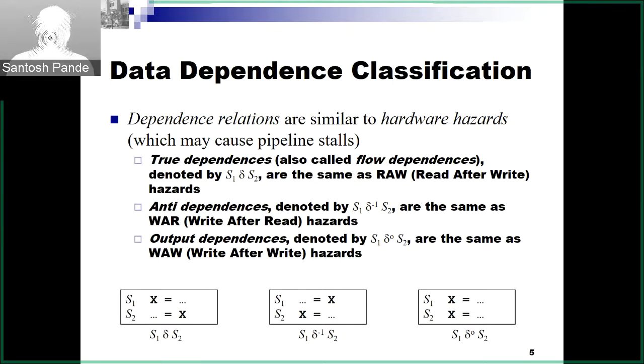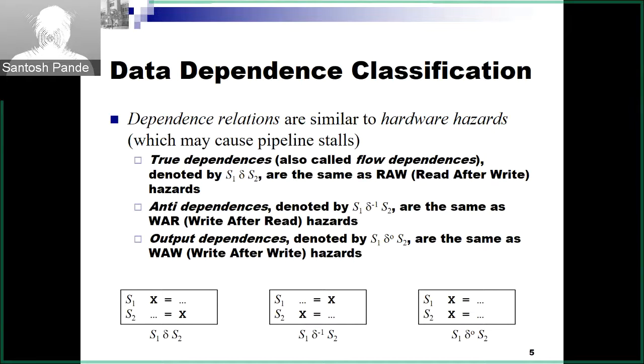If we change the order, there will be huge implications. So whenever we see a first write, and there is no use of X before the second write to the same X, we cannot change their order.